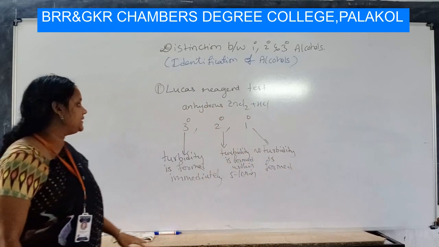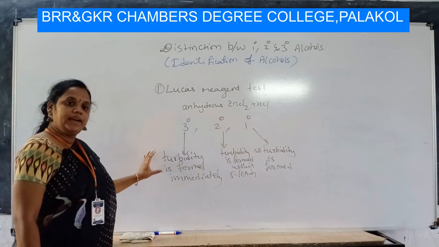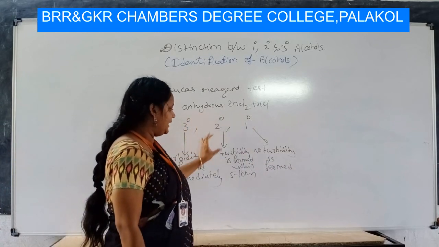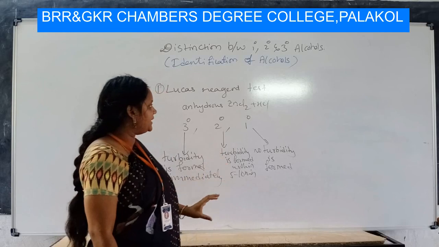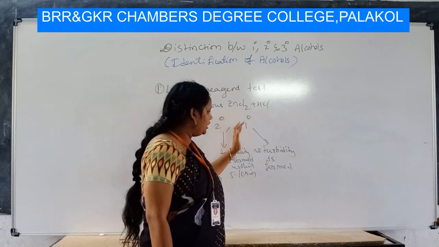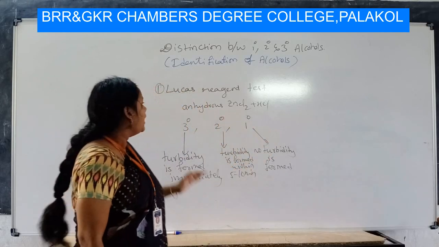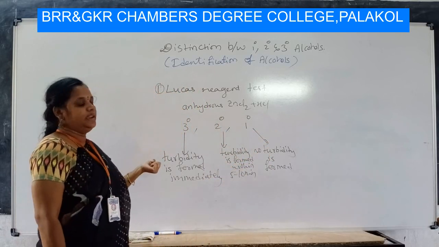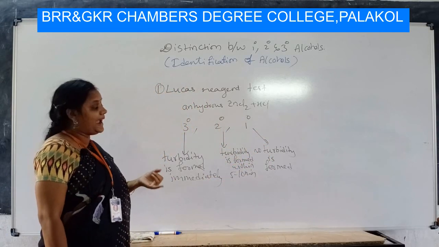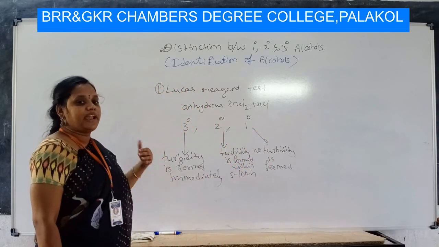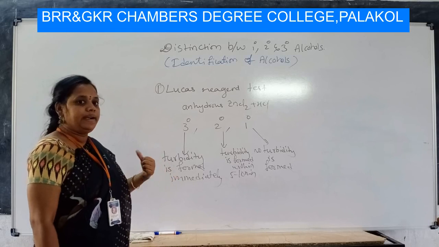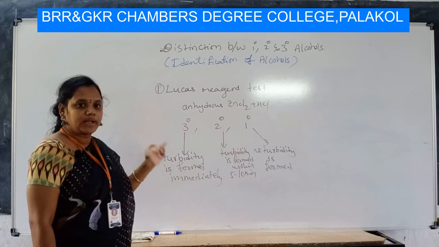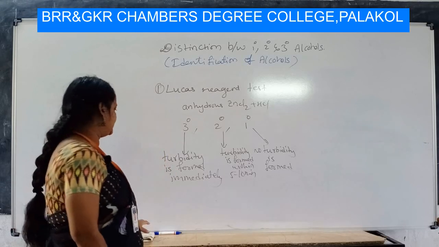To summarize: tertiary alcohol, turbidity immediately; secondary alcohol, within 5 to 10 minutes; primary alcohol, no turbidity. Using this Lucas reagent test, we can easily identify whether it is an alcohol or not, and whether it is a primary, secondary or tertiary alcohol.